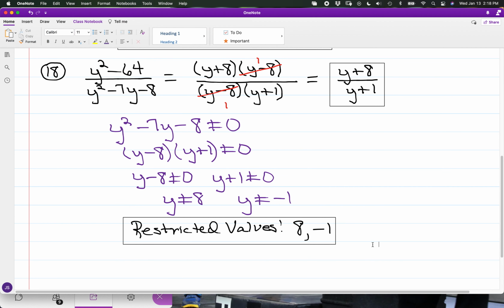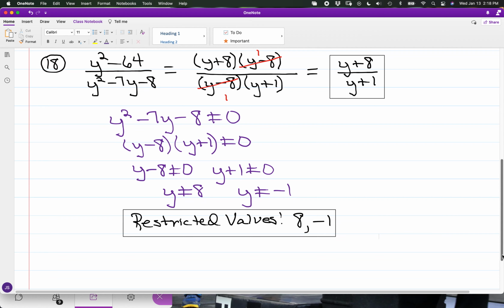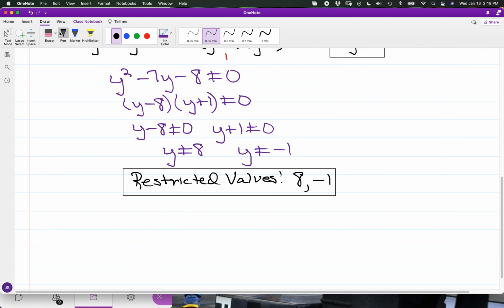Now, in the crossover to what we have in the next group, we're looking at simplifying and operating between rational expressions, and we're not looking at restricted values this time around.